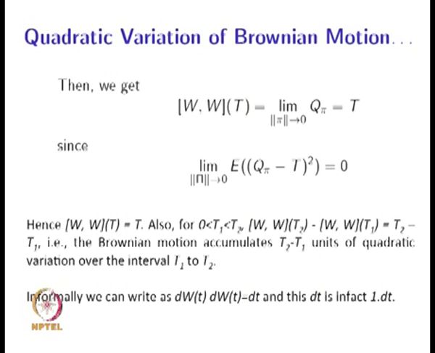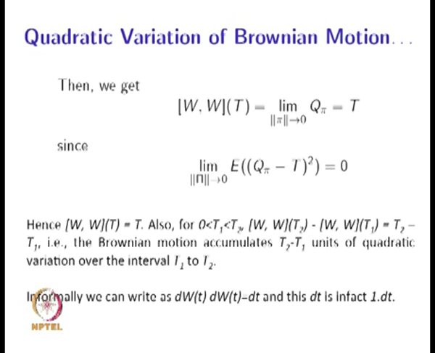This means it accumulates a unit quadratic variation per unit time. Also, for 0 less than t1 less than t2, the quadratic variation till t2 minus the quadratic variation till t1 is the same as t2 minus t1.